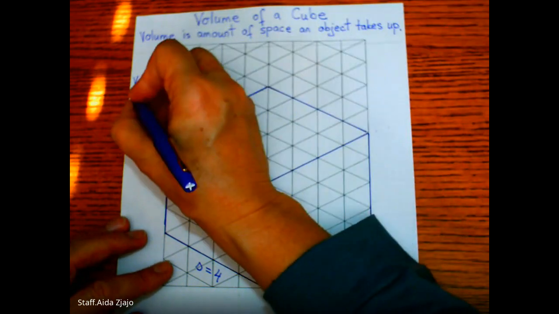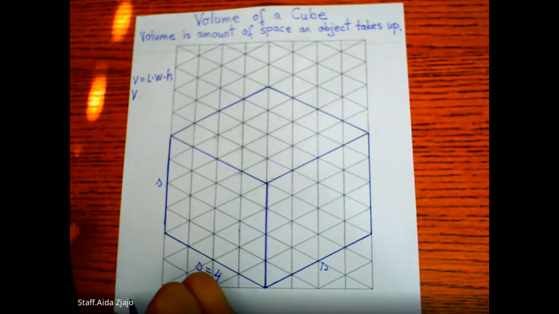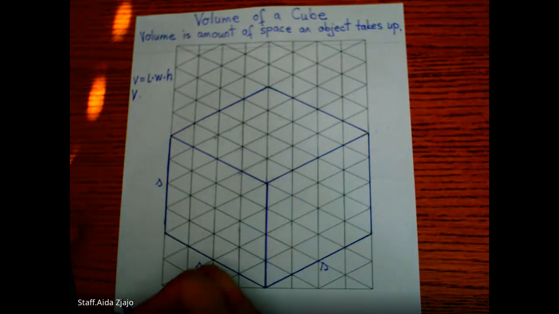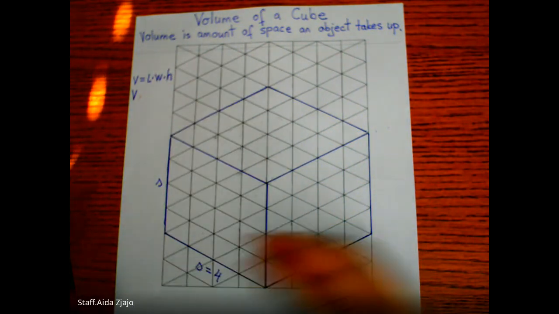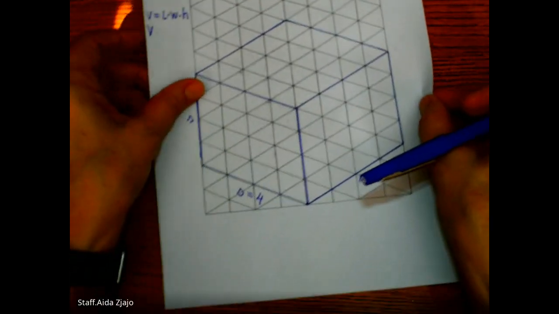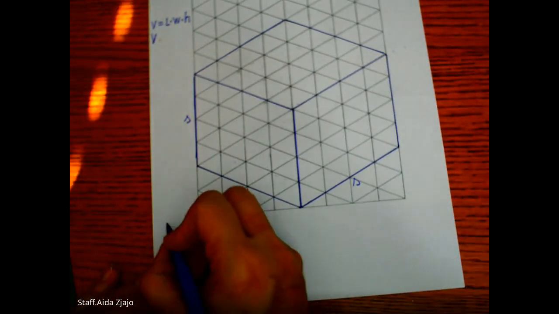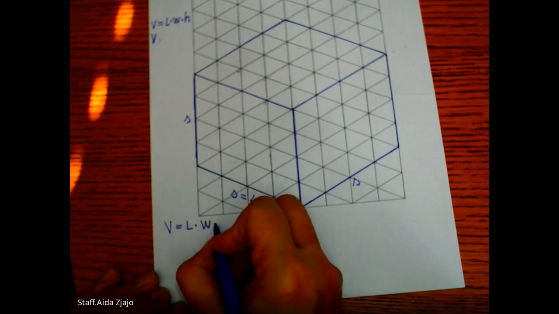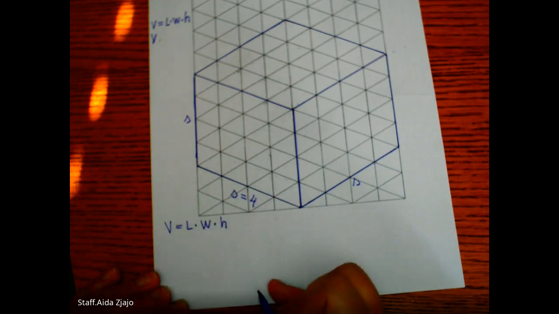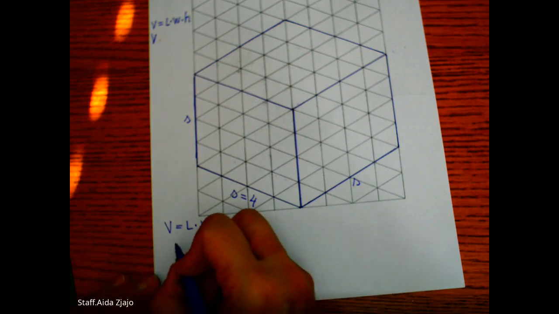Since we have all sides to be S, our volume, I'm going to move this a little bit up so we can see. So let's start over. The volume is usually length times width times height. That's the formula for any prism that we are working on to find a volume.